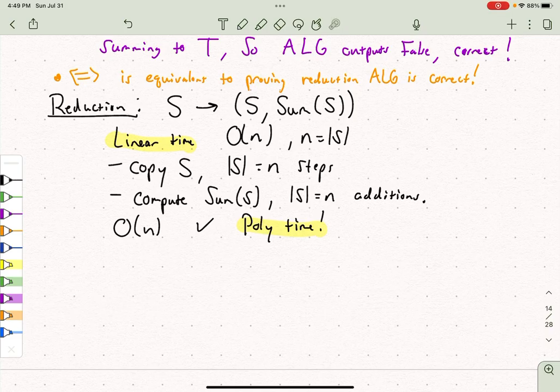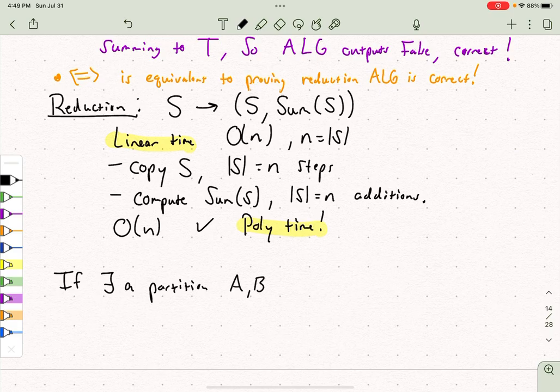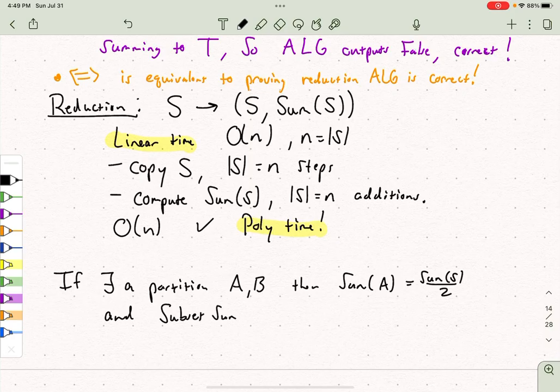It makes sense. The idea is that we know if there exists a partition, A and B, then we know the sum of A equals the sum of S over 2. And so subset sum of the instance S and sum of S over 2 will be true.